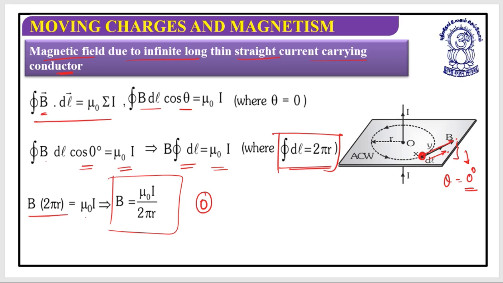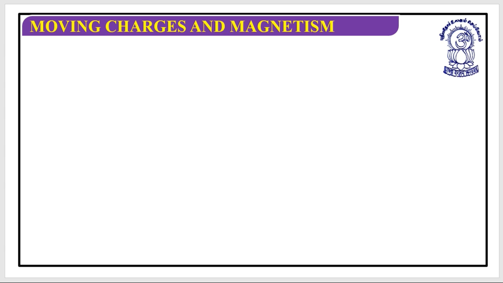Are you sure? Even when we did this according to the Biot-Savart law, have you remembered it? It was something like this: this is point P, this was r, and we used to have two lines over here. One of the angles was called alpha, and the other one was called beta.